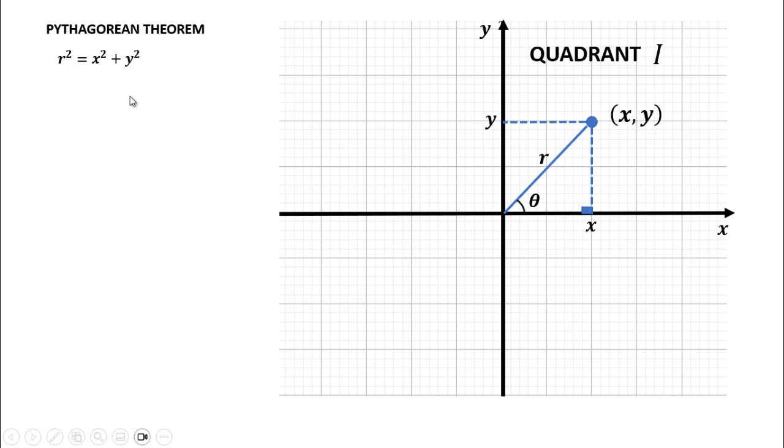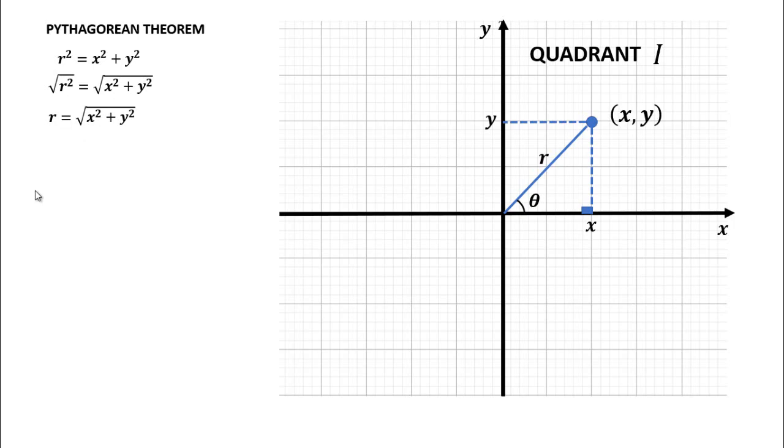If we take a square root on both sides, we have the square root of r squared equal to the square root of x squared plus y squared. If we simplify, we have that r is equal to the square root of x squared plus y squared. And we can use this formula to calculate the value of r.